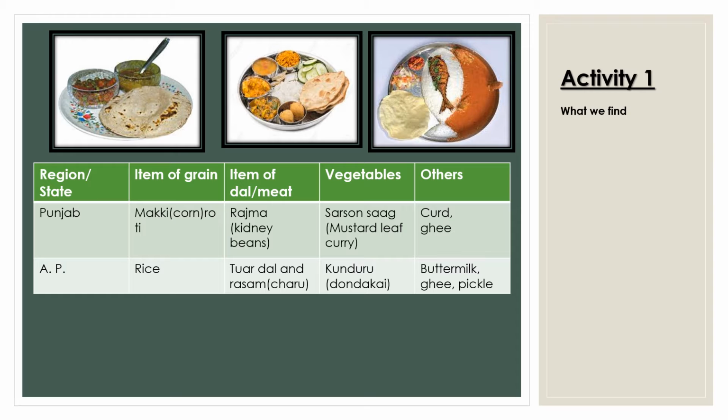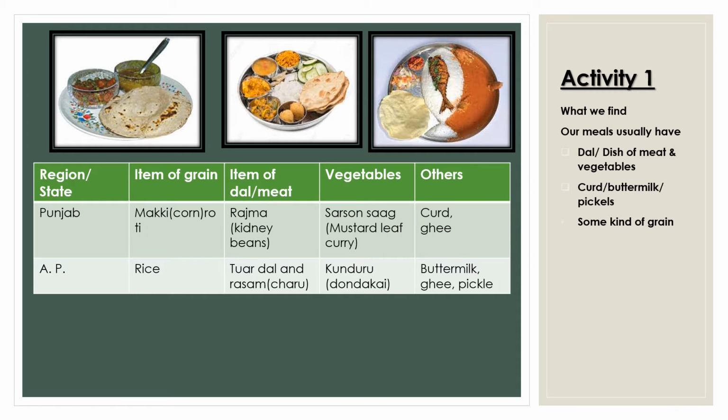What we find is that our meals usually have a dal or a dish of meat and vegetables, curd, milk and pickles, and some kind of grain. That is almost a similar food.